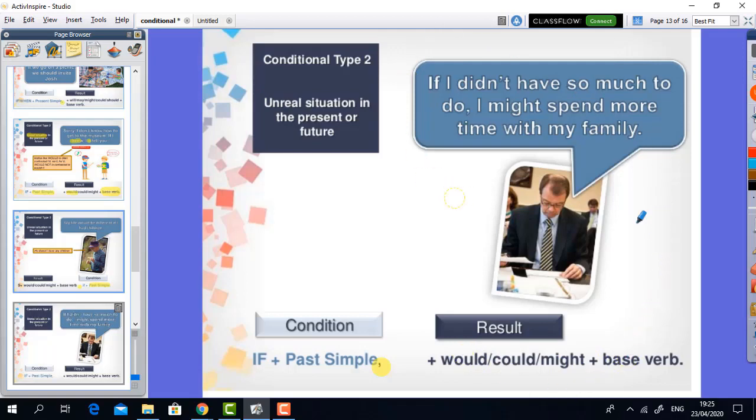Let's take an example. This busy man has no time for his family, so he said, "If I didn't have so much to do, I might or I would spend more time with my family" in the present and in the future and not in the past.